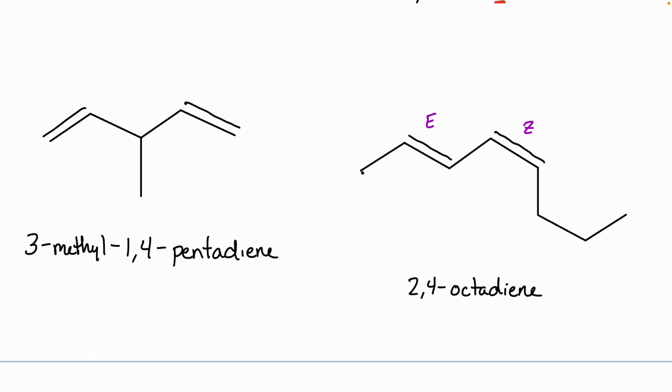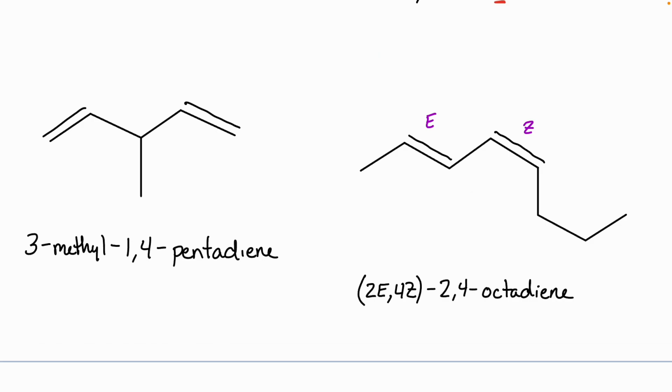So then how do I include my stereochemistry in the name? I again need to put them out front, but because we have these two different stereochemistries, not only am I going to put the E, I'm going to indicate which carbon has the E stereochemistry. So 2E, 4Z, then close those parentheses, 2,4-octadiene.